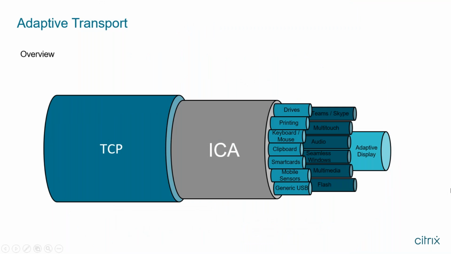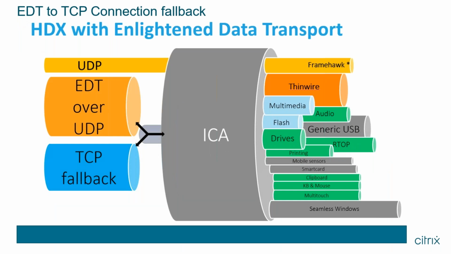What we've done then is Citrix has its own proprietary protocol called adaptive transport, which is going to work on TCP and EDT, which is utilizing UDP. And UDP will allow us to make better and more efficient use of the bandwidth available for us. EDT will work over UDP, and it will also fall back to TCP if it needs to.